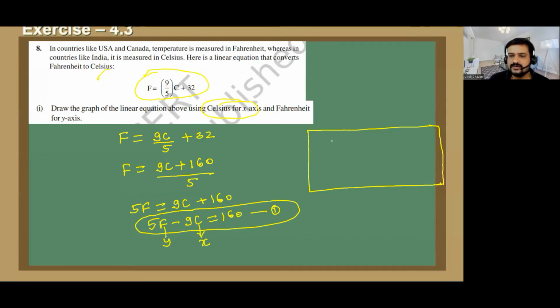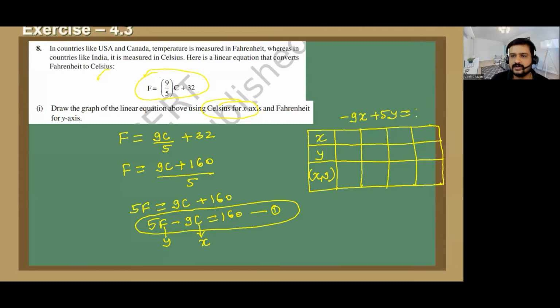If we want the equation in the form of x and y to draw the graph, we can convert it like that. So here we will take x, here y, and x comma y. So our equation is minus 9x plus 5y is equal to 160.